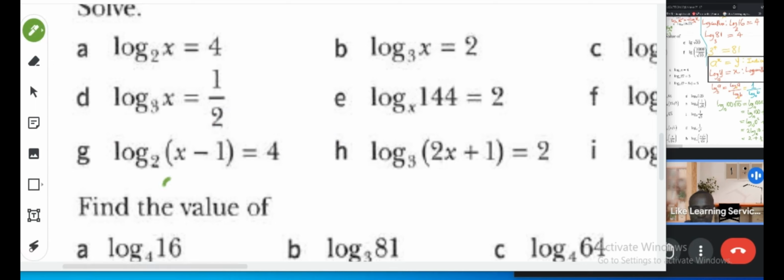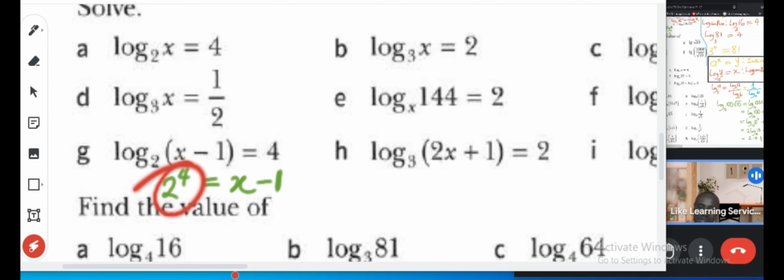I think it will be 2 raised to the power 4 is equal to x minus 1. And what is 2 raised to the power 4? That's 16. And 16 is equal to x minus 1. So what's x? X should be 17 now, is it not? If you solve it, x is 17.